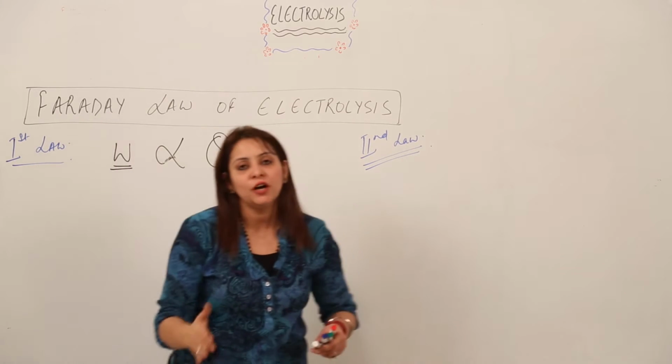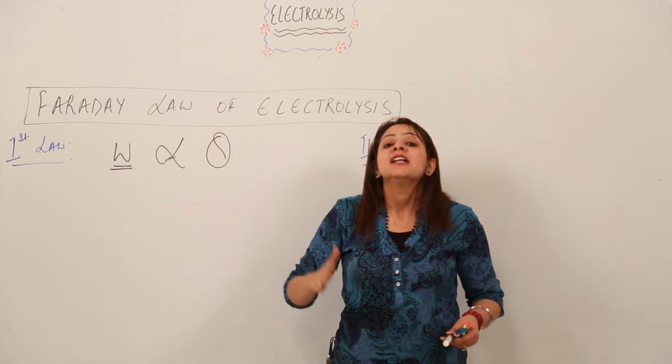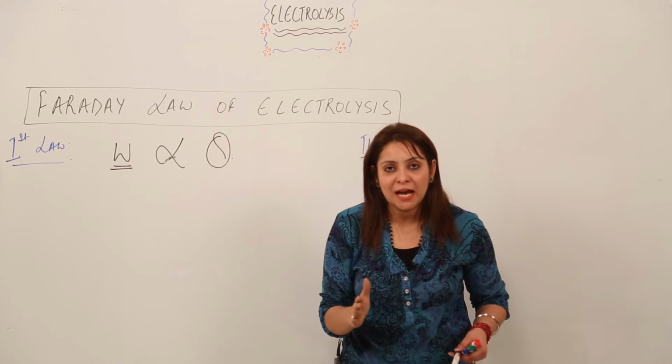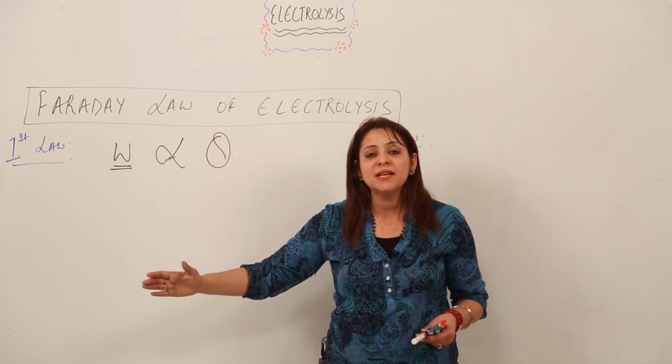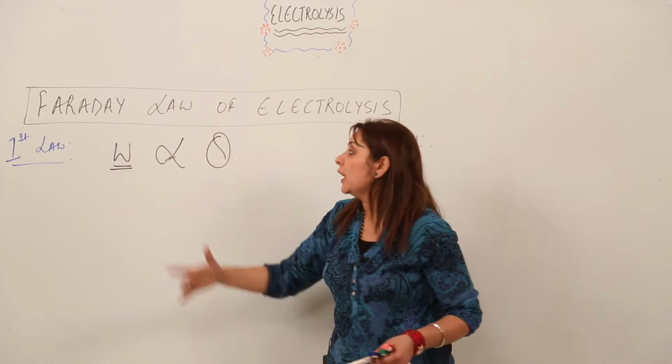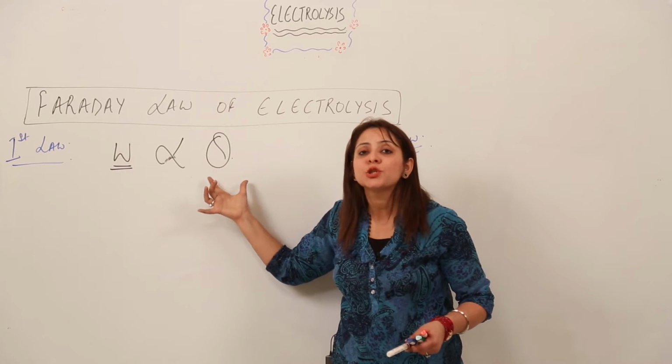So, this is the first law. Again I am repeating, it states that the weight of the substance liberated at electrode as a result of electrolysis is directly proportional to the amount of electricity passed through it.